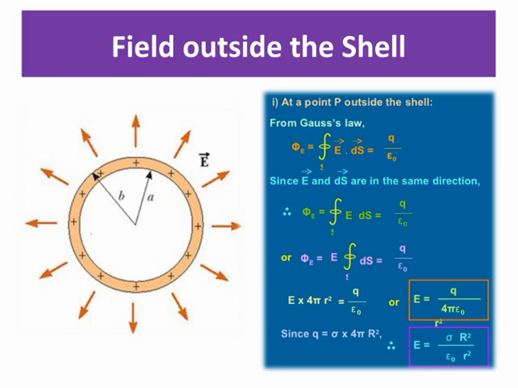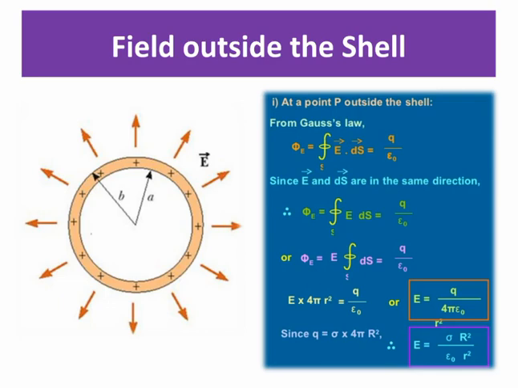sigma equal to Q divided by the area, with area equal to 4 pi r squared. So we substitute, and we get E times 4 pi r squared equal to Q divided by epsilon naught. We interchange the equations and also modify.